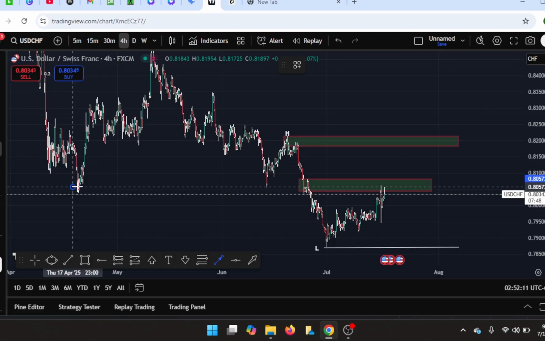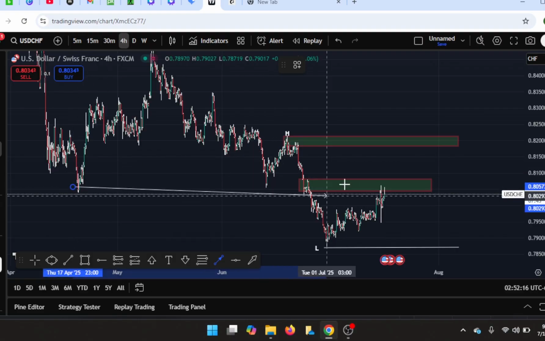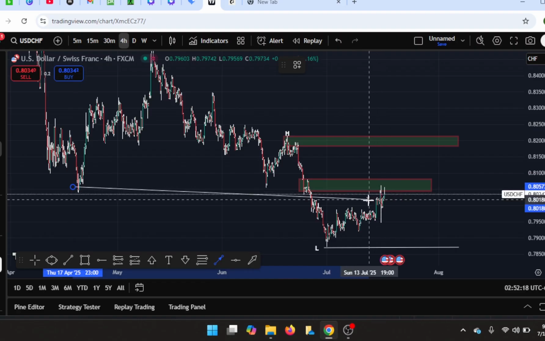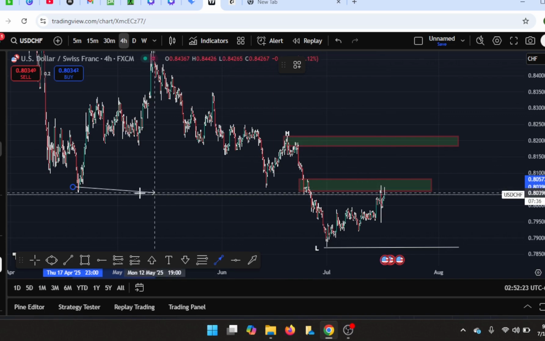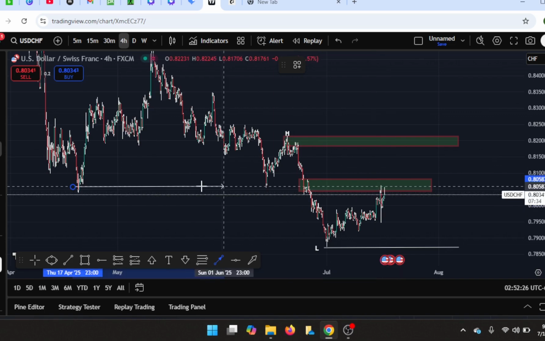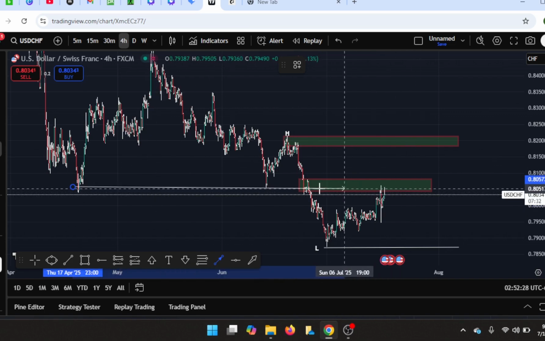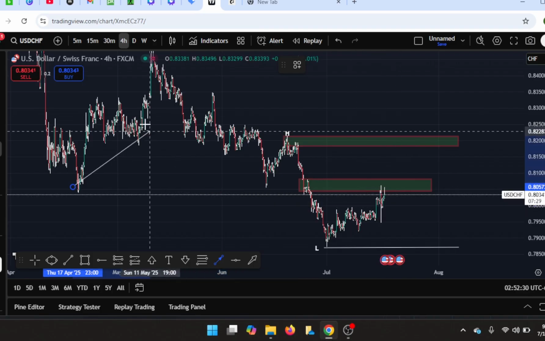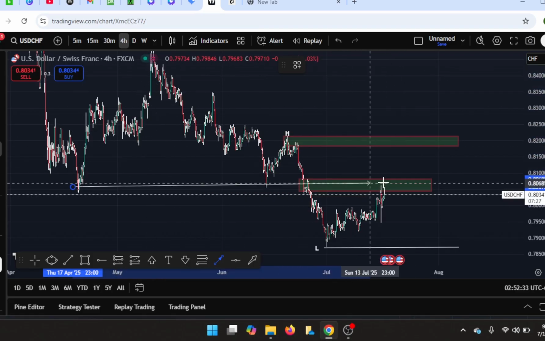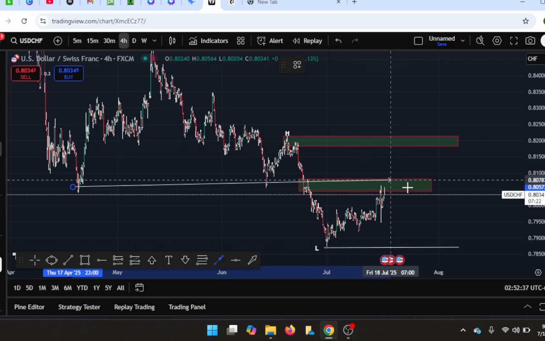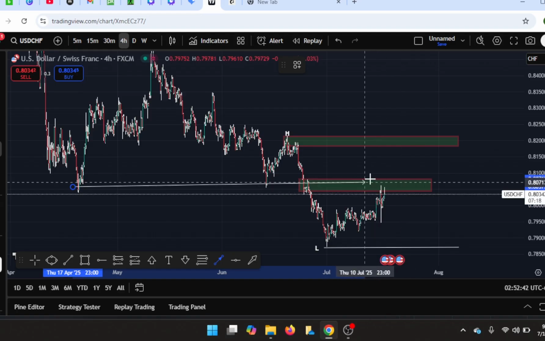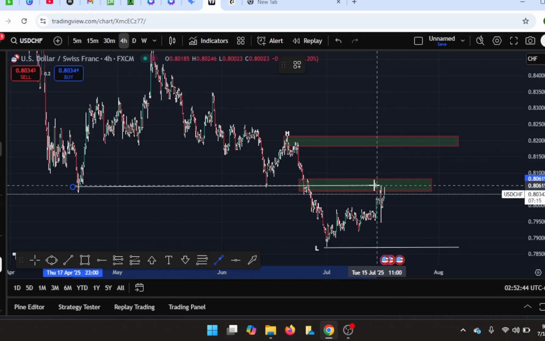This is another resistance. Can you see where support becomes resistance? This to some is resistance, either demand and supply, psychological level. There's a trend line. There's the Fibonacci 61.8% and 50% fib. So these smart money guys know that we will be looking to take our entry in this particular zone.